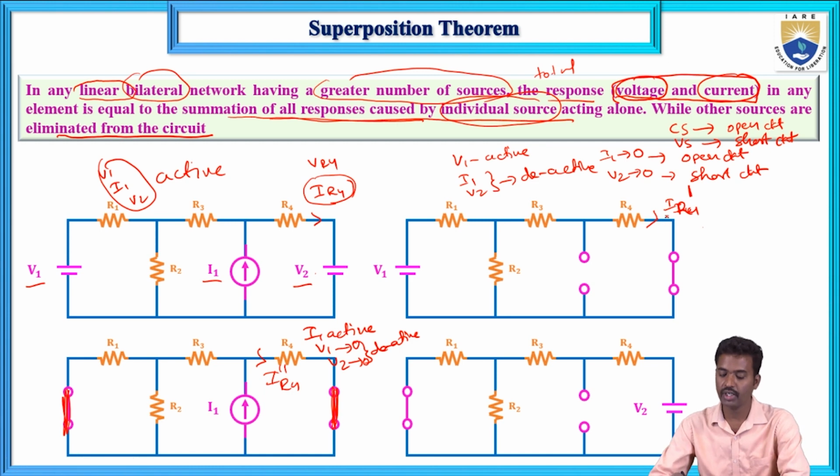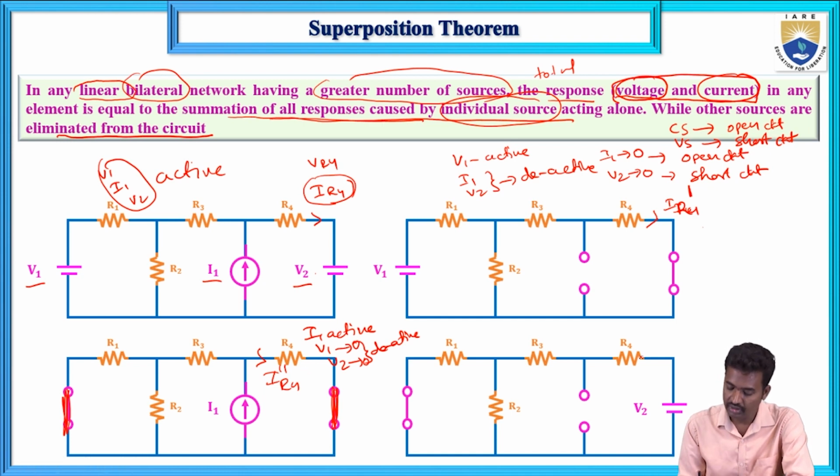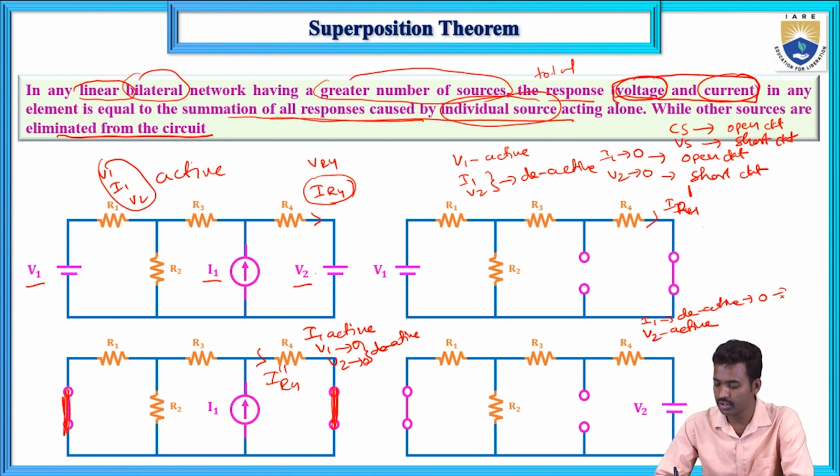This is individual response IR4 dash, and this is individual response IR4 double dash. In the third case, V2 is active and I1 is deactivated, replaced by an open circuit, so its current is 0.